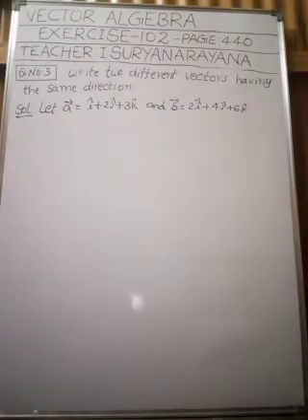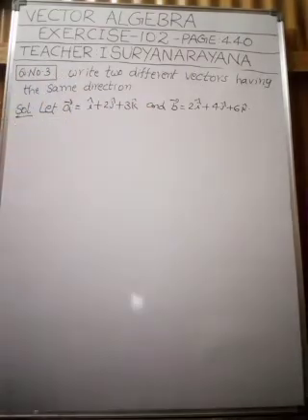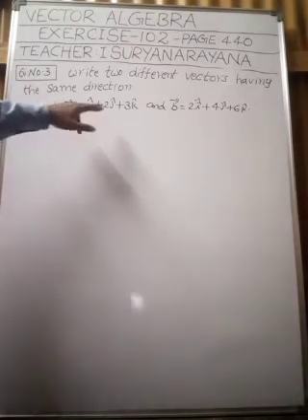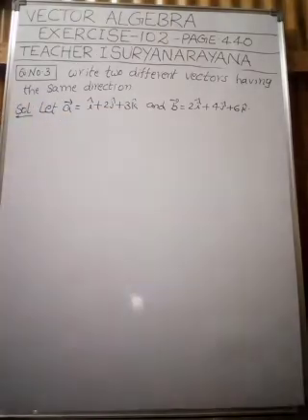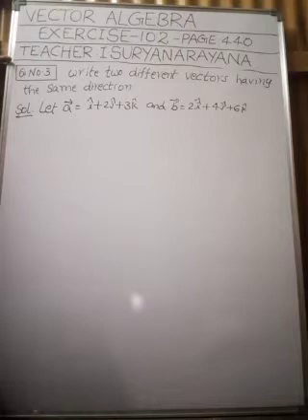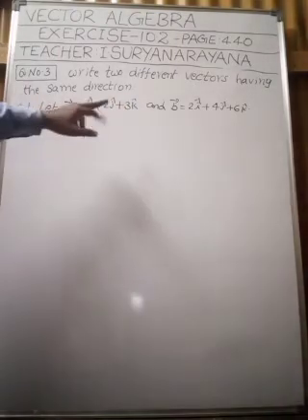Okay, my children. Right. Now let us find the direction cosines of this vector and the direction cosines of this vector. Otherwise, directly we can say that here A bar and B bar are collinear vectors. By using that concept also we can say here these two vectors are having the same direction.